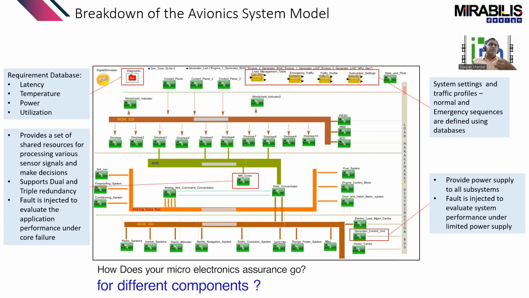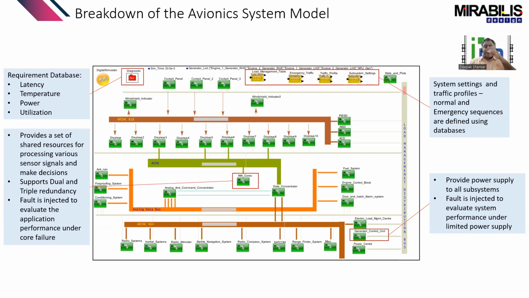How does your microelectronics assurance go for either all the different components, different subsystems, or the whole avionics system itself? So when you look at a multi-die architecture, you have to worry about not just that, yeah, I get better performance or I get better power situation, but also how does this impact my microassurance?